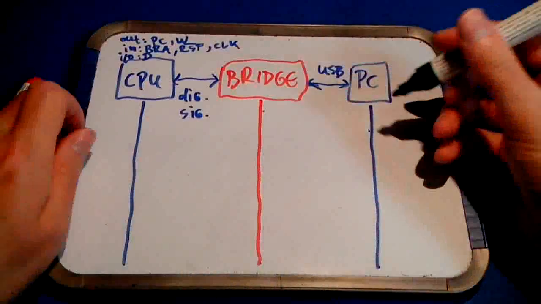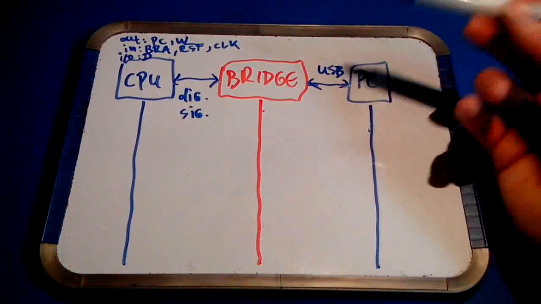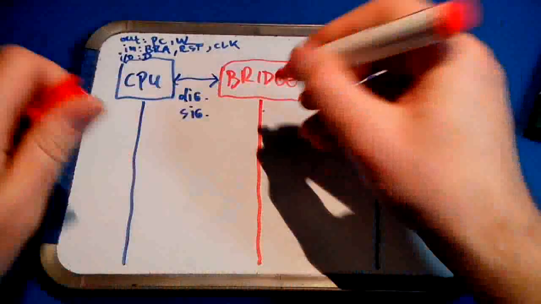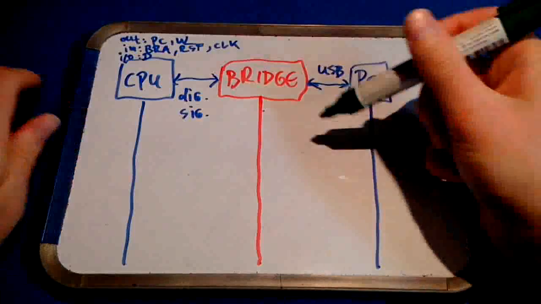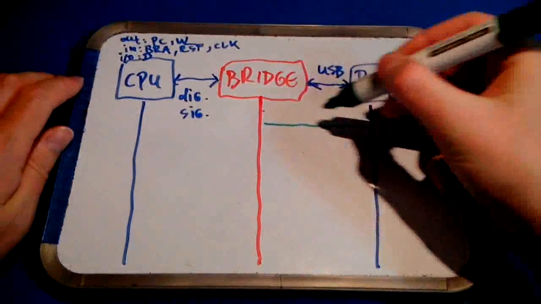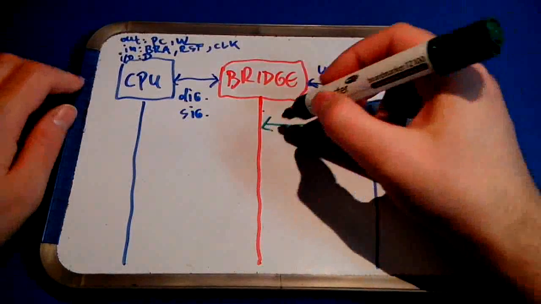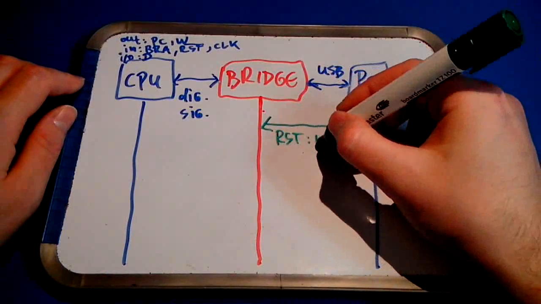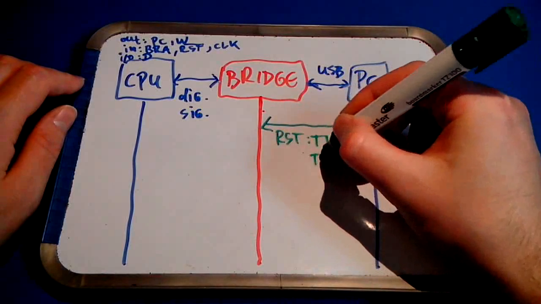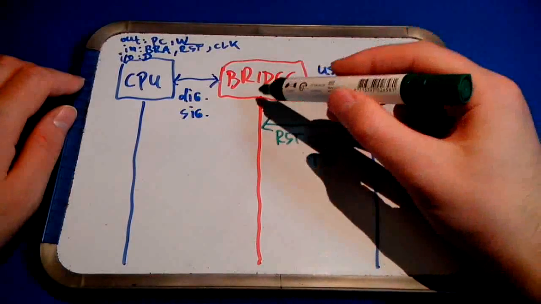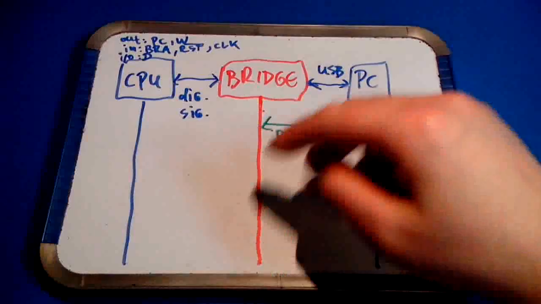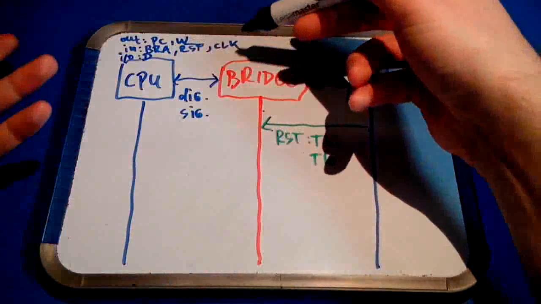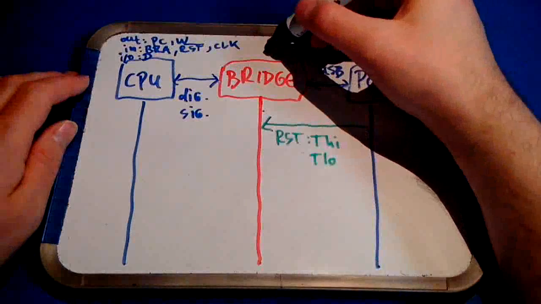So for now let's say there are two different commands the PC can send to the bridge. One is a reset command, which is typically sent at the start of a program or a new program. Reset contains a high time and a low time for the clock signal, because the bridge has to provide a clock signal to the CPU because it controls the control lines to the CPU.